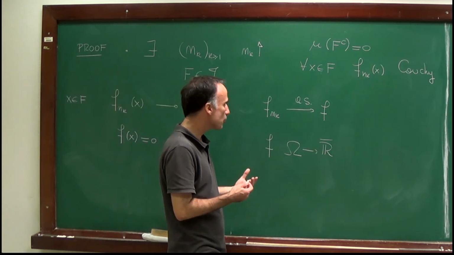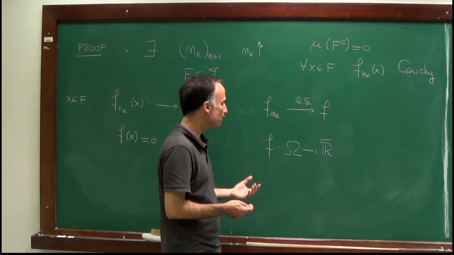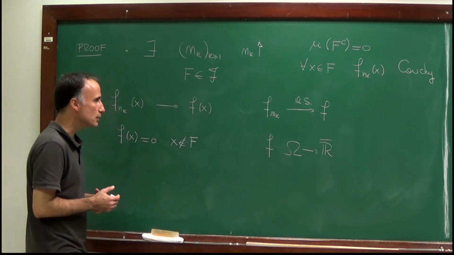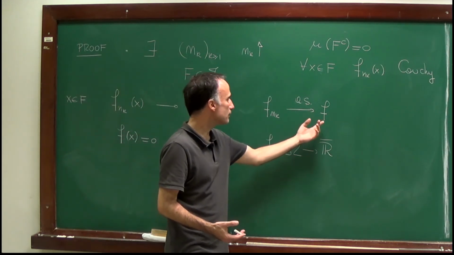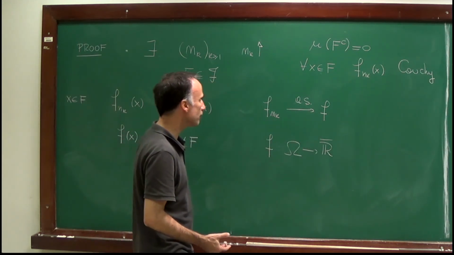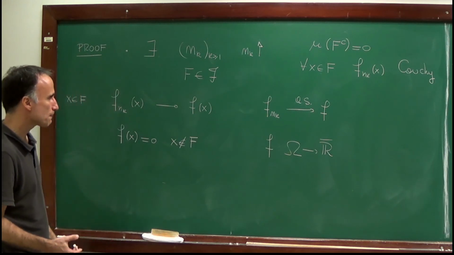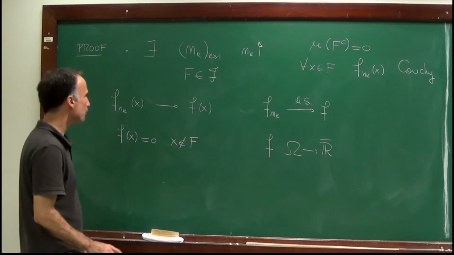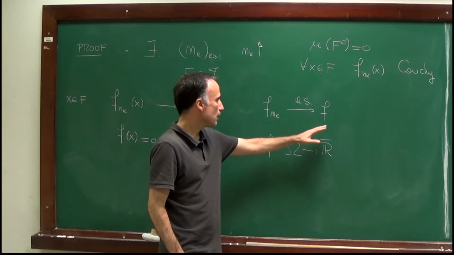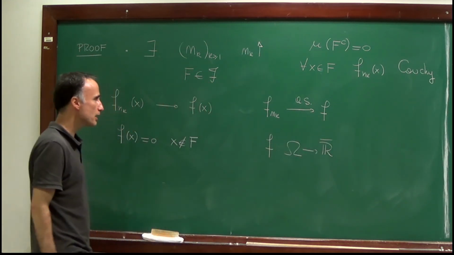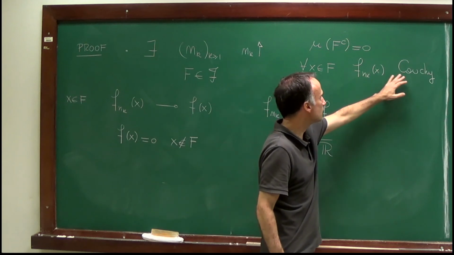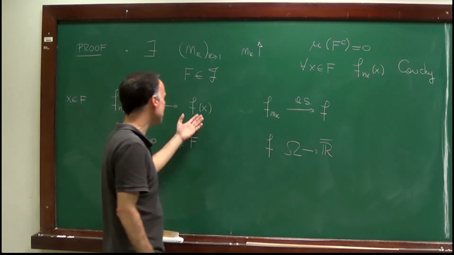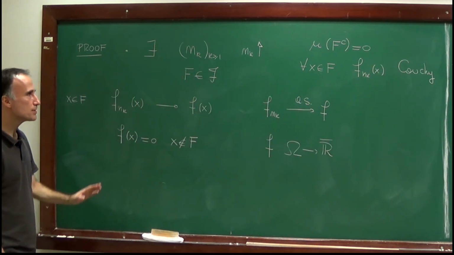So at this point, we concluded step 1. Step 1 consisted in finding this function f, which is our candidate as limit of this sequence f_{n_k} in L^p. Right? So I hope that you all understood how we construct this function f by using the fact that Cauchy sequences of real numbers have limits. So this is the conclusion of the first step.